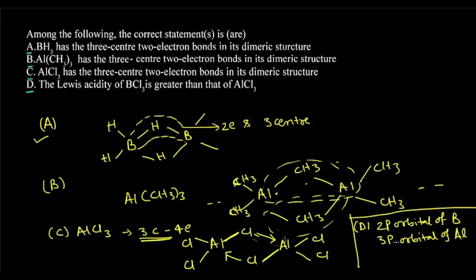Since electron is going to the 2p orbital and the 2p orbital holds electron more firmly than the 3p orbital, we can say that the Lewis acidity of BCl3 is more than that of AlCl3. This is also correct. First one is correct, second one was correct, only the third one is incorrect. So the correct answer to this problem is A, B and D.